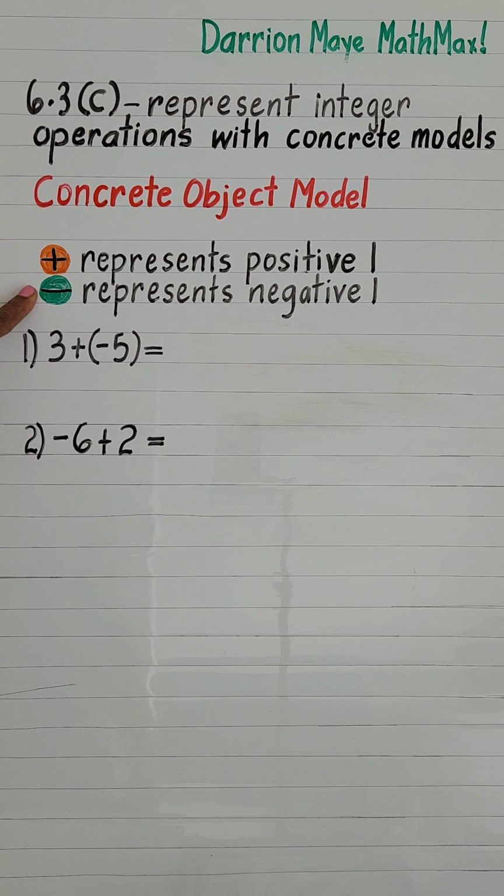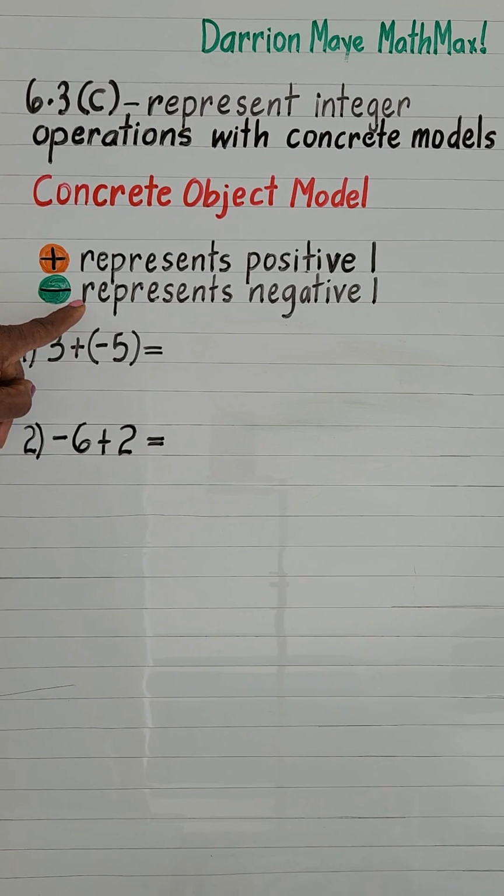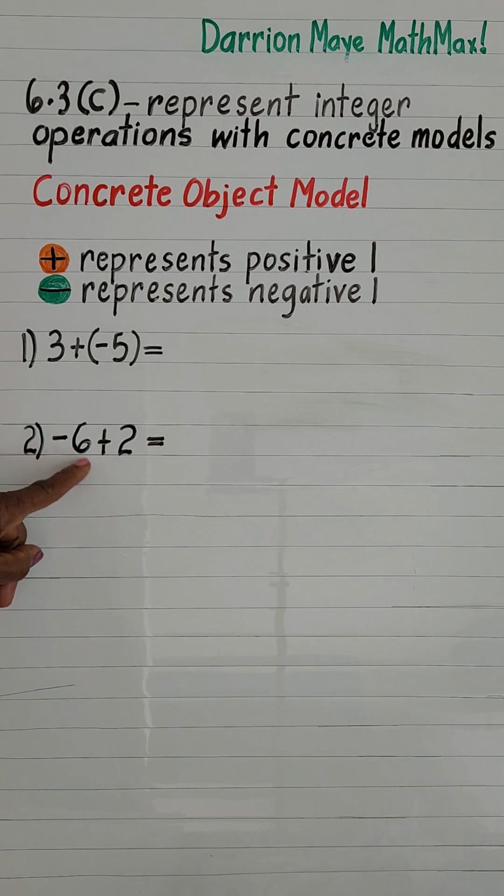And we have the green chip with the negative that represents -1. And we are going to use this model to solve 3 plus -5 and -6 plus 2.